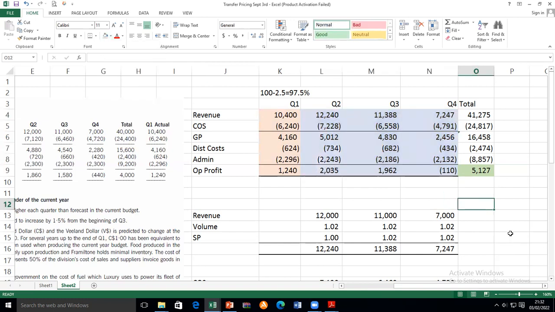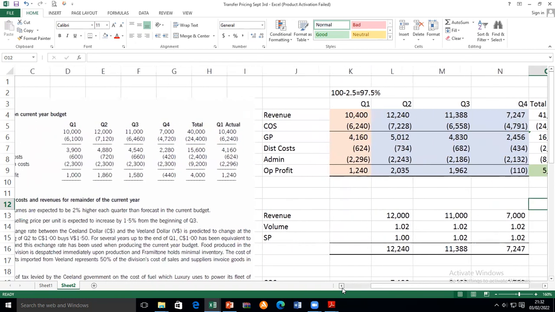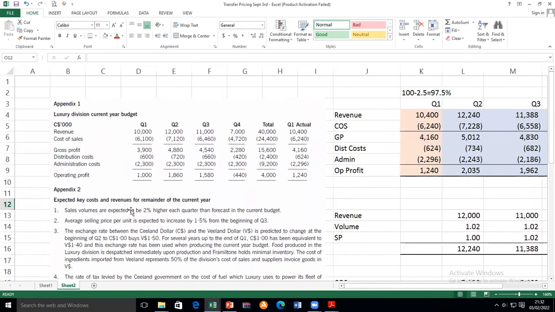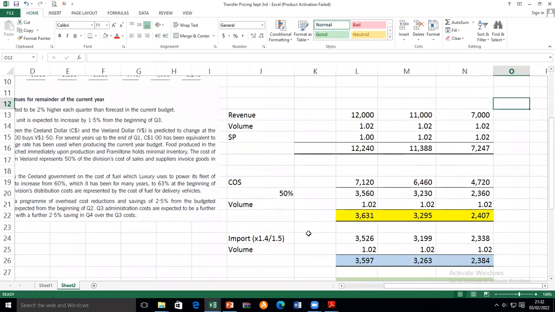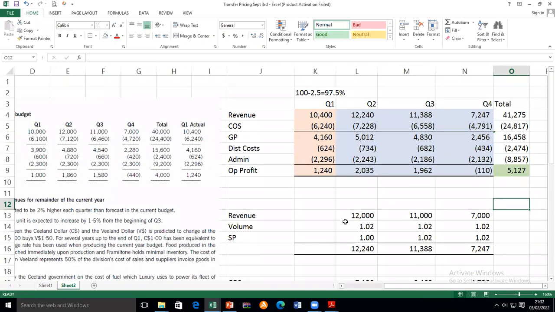Okay. If you give somebody this question to do, one of the things that may be omitted is to realize that the sales volume is going to affect a number of variables. All variable costs are going to move when sales volume moves. So the cost of sales, the distribution costs are going to move accordingly. And I hope you have seen also the exchange rate, how to do the exchange rate.